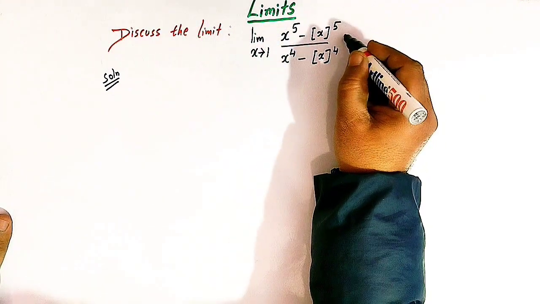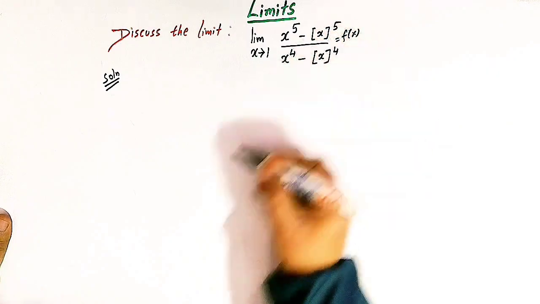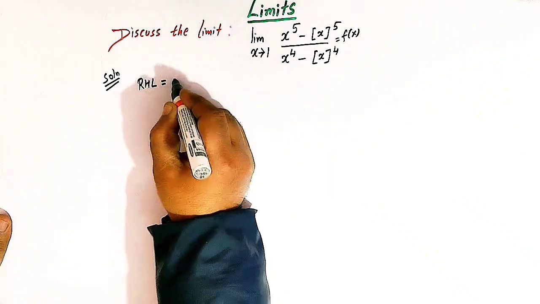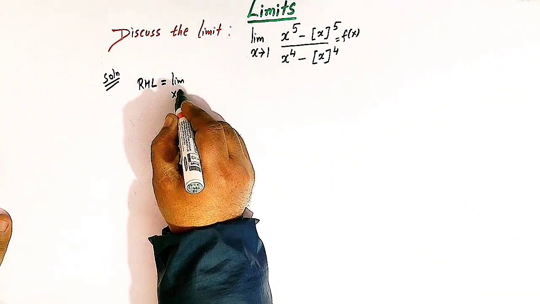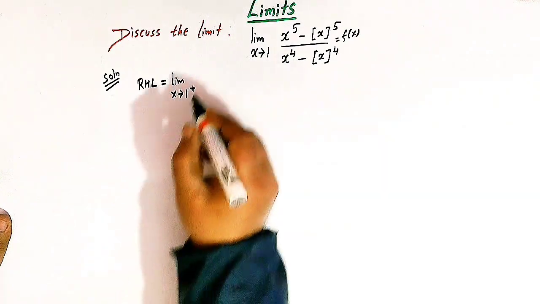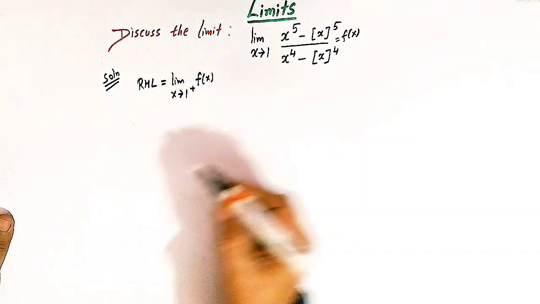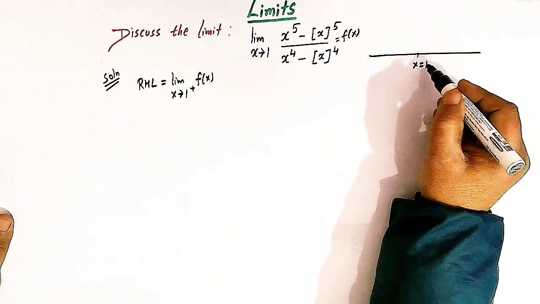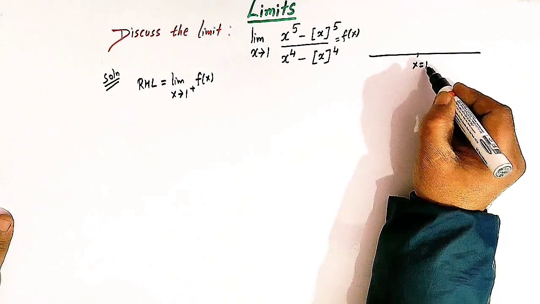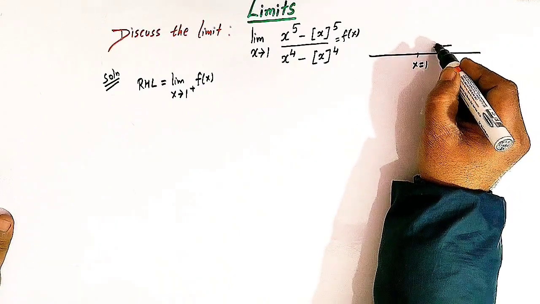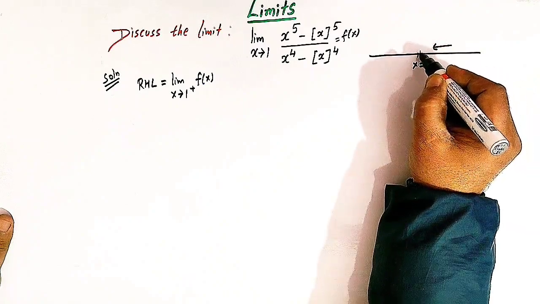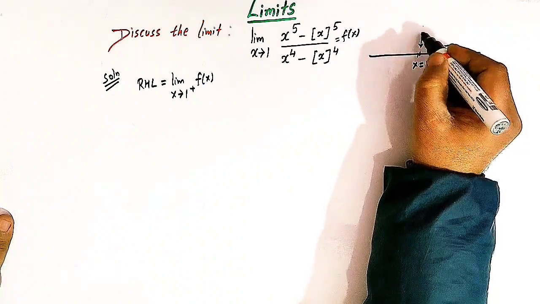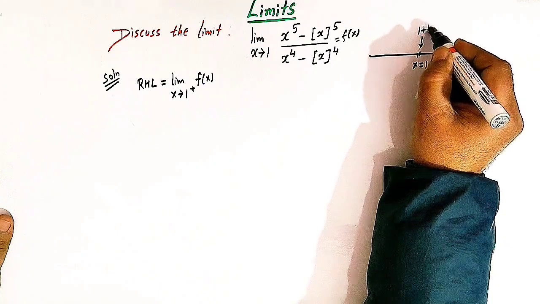So let us take this function as f of x, right? And the notation for the right hand limit is the limit x tends to 1, and here we write a positive sign, and here we have f of x. So here we have x equal to 1, and when we approach from the right of x equal to 1, we reach a point which is very close to x equal to 1, and this point or this neighborhood may be taken as 1 plus h, right?